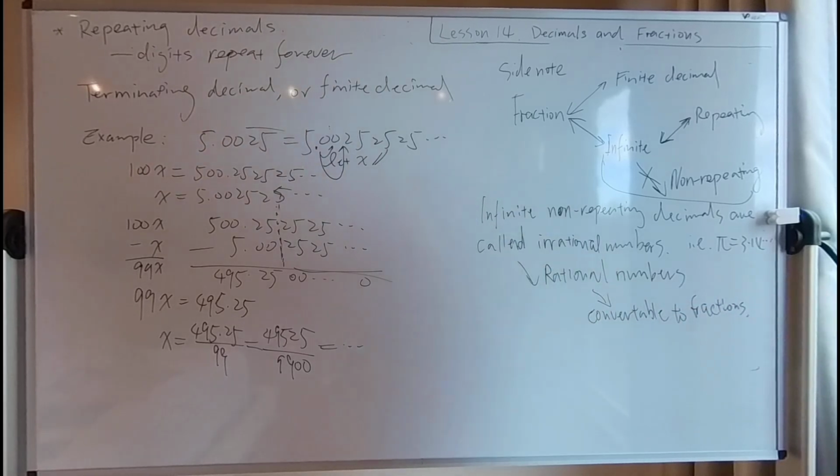So fractions become an alternative criterion to tell whether a number is rational or irrational. You're not asked to handle this in this class, but it's good to know, and you will learn this in the future. Basically, whether a number can be written as a fraction or not indicates whether the number is rational or irrational.